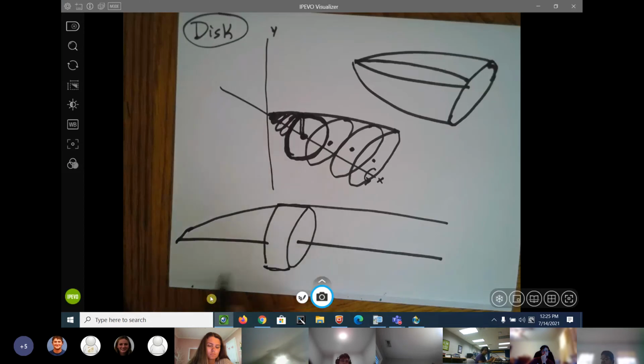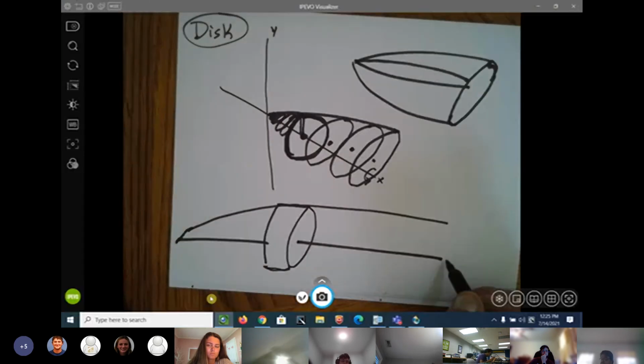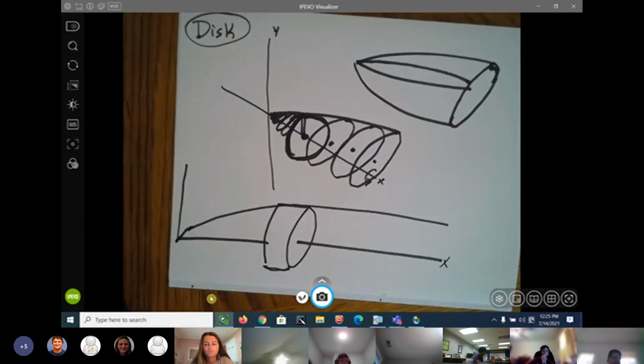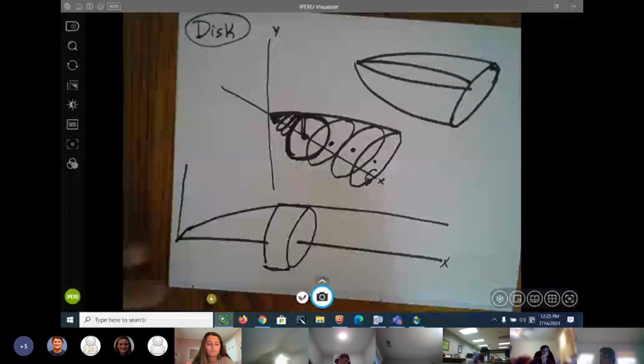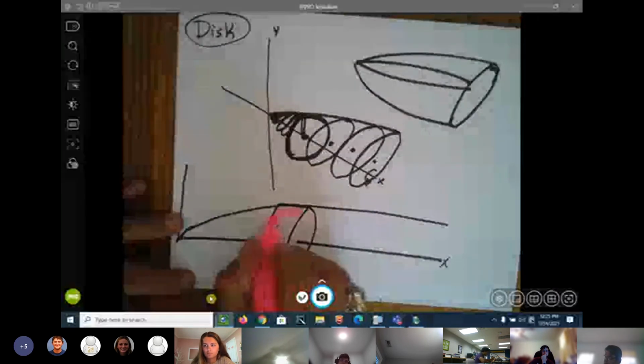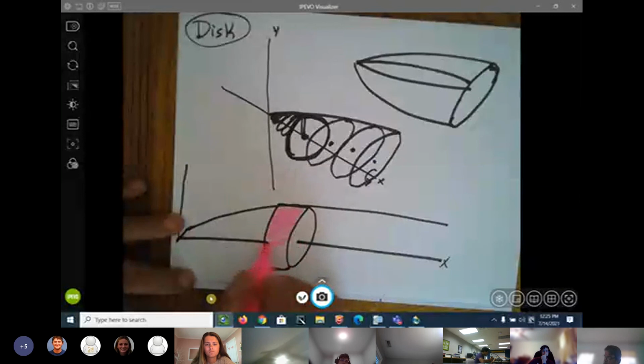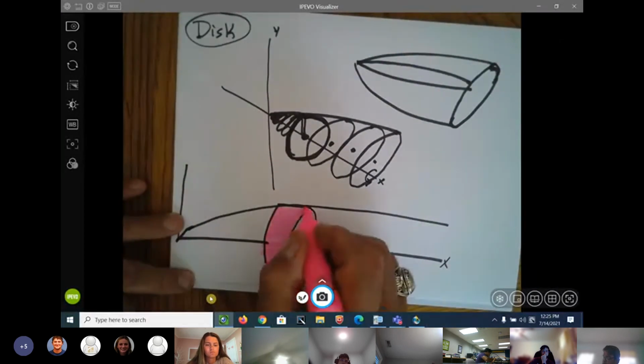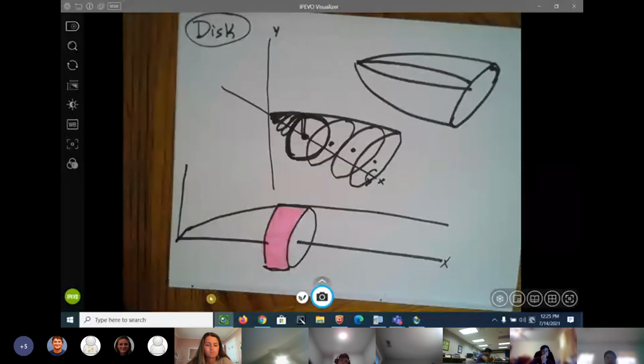This is the x-axis. This is the y-axis. The width of the disc is going to be dx. You need to write that down.